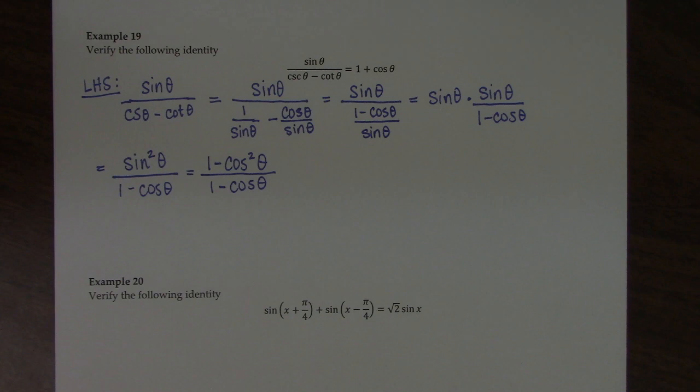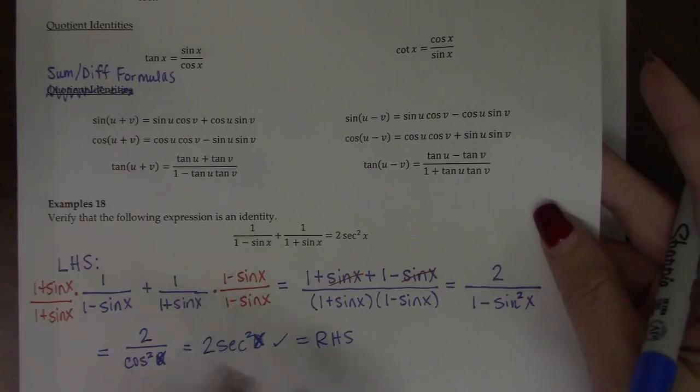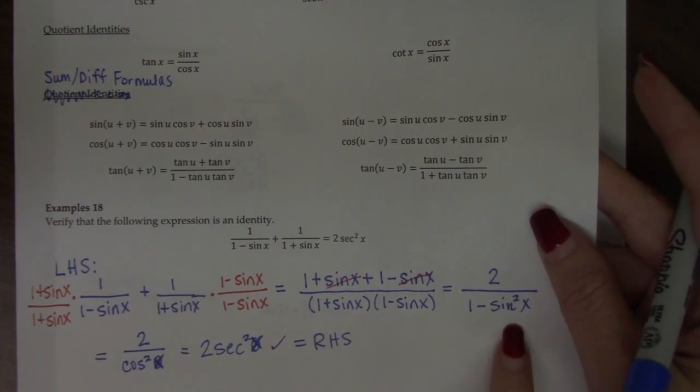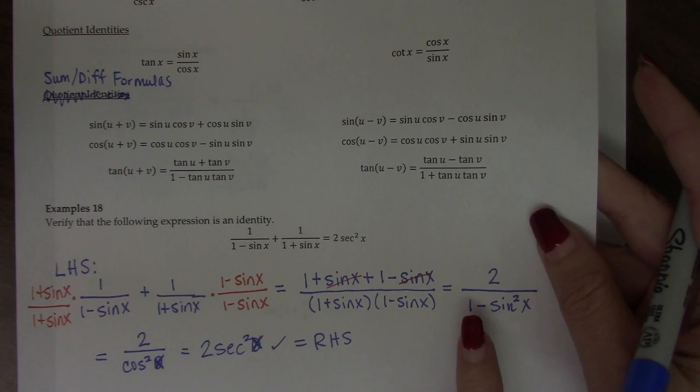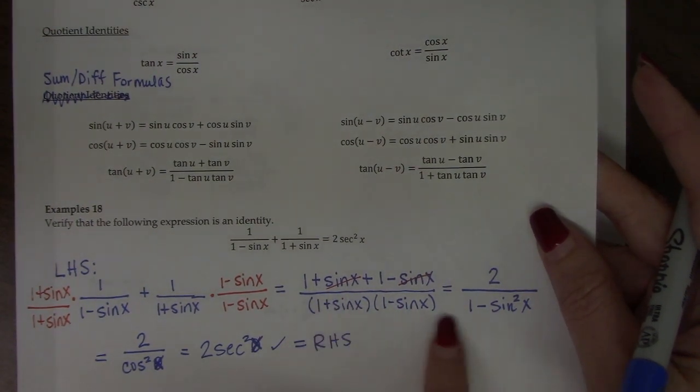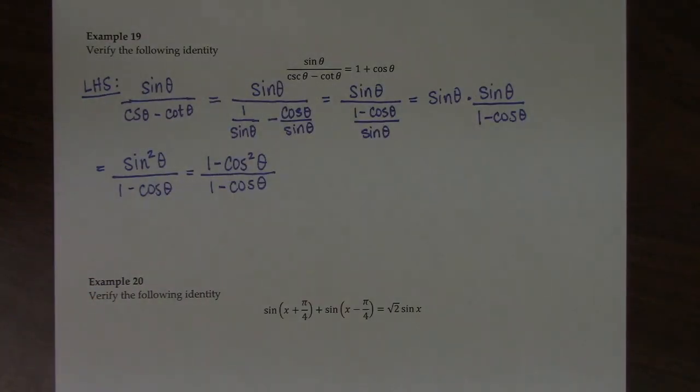So a very tempting move here is to try to cancel something. You can't cancel anything. But what I have in the numerator is the difference of squares. So in the previous problem, I solved these two factors and they multiplied to this. Now what I've got is a 1 minus cosine squared, and I bet it factors, right? A plus b, a minus b.